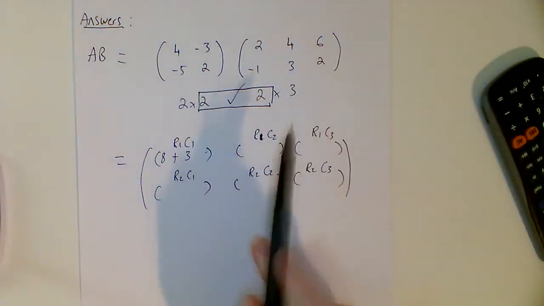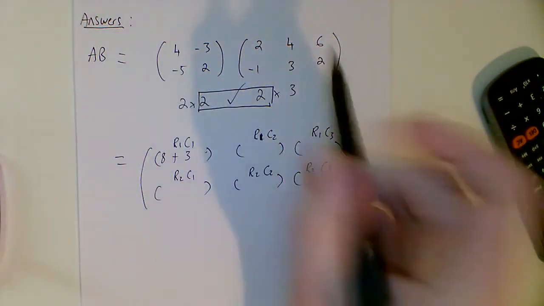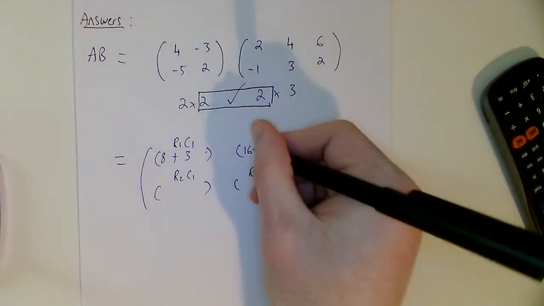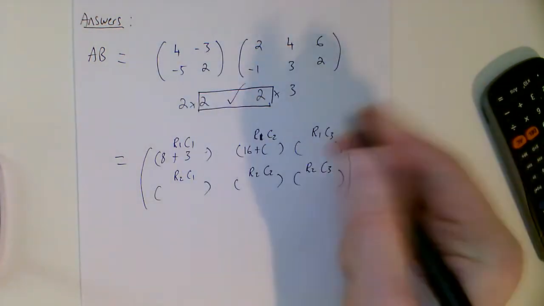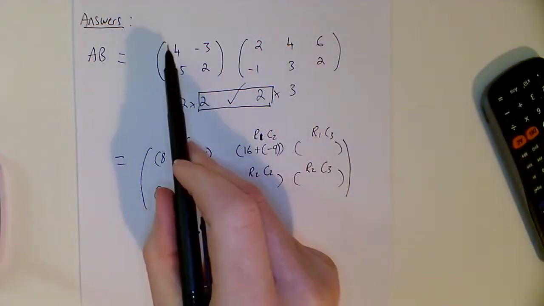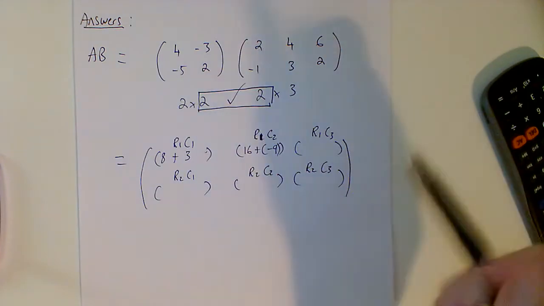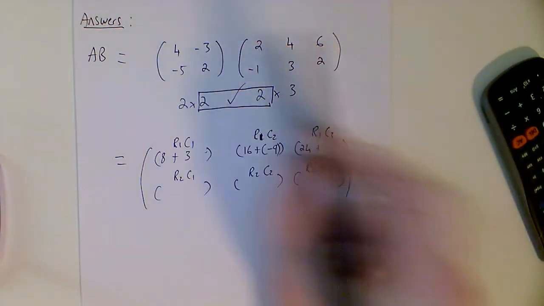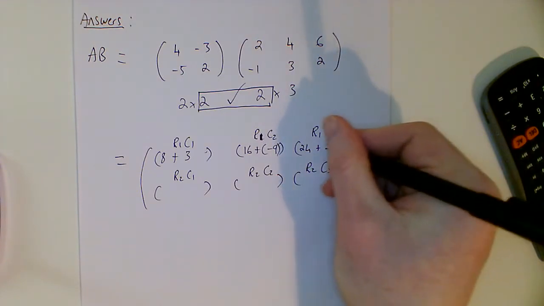This one here, we're then doing row 1 times column 2. So that's 4 times 4, which is 16, plus negative 3 multiplied by 3, which is negative 9. Then row 1 times column 3, so 4 times 6 is 24, plus negative 3 times 2 is negative 6.